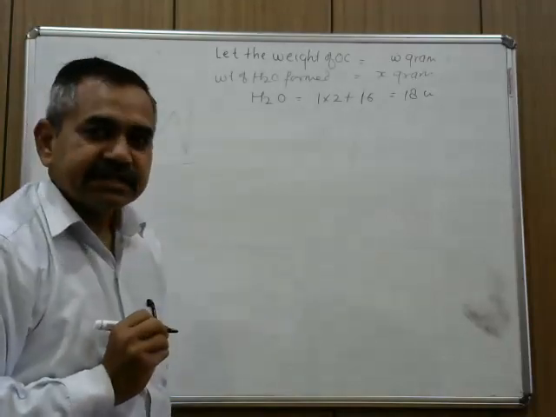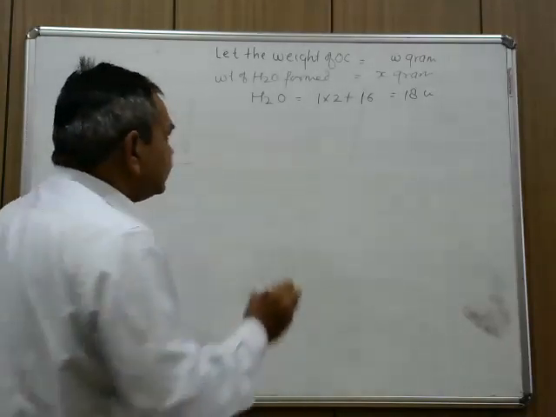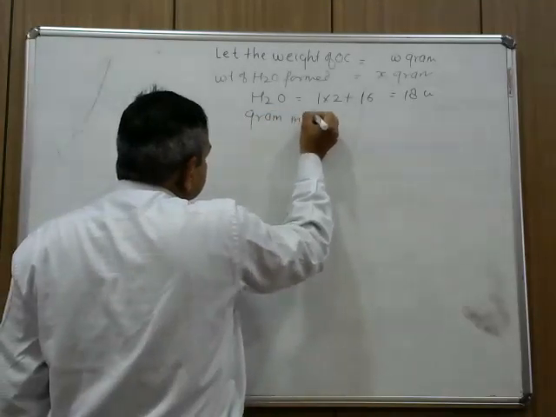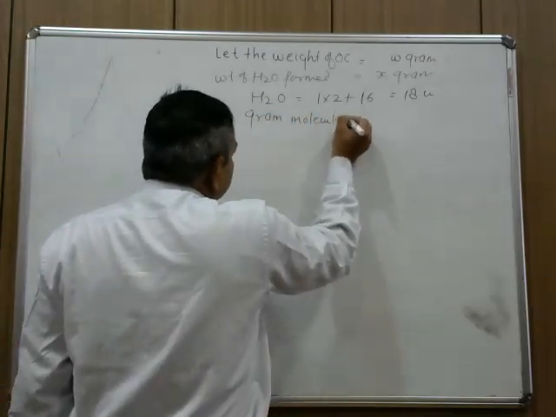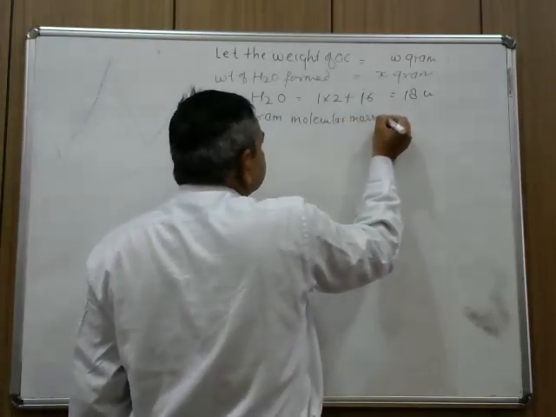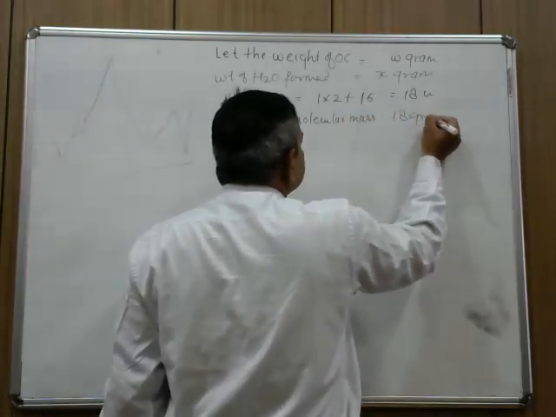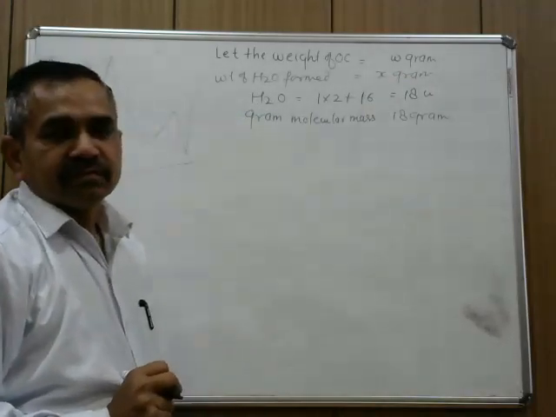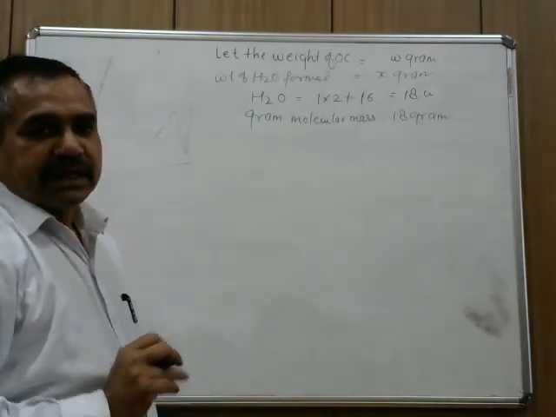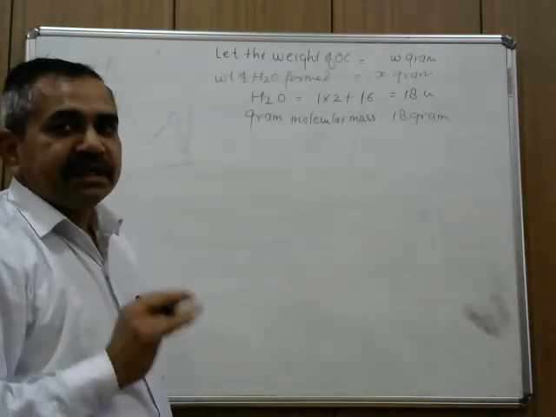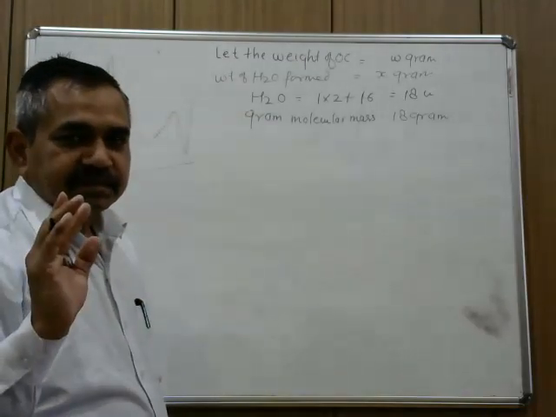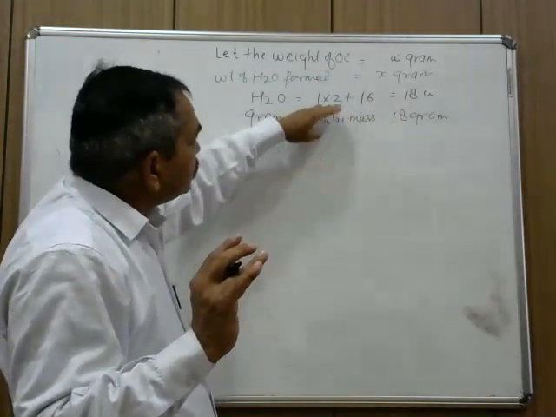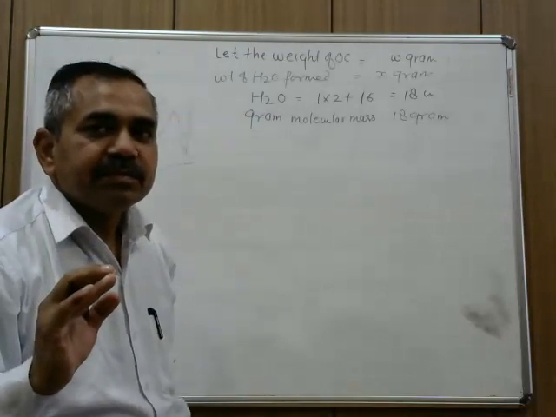Molar mass of water is 18 u and its gram molecular mass is 18 gram. Means 1 mole of water will weigh 18 gram, and out of this 18 gram, 2 gram of hydrogen is present.